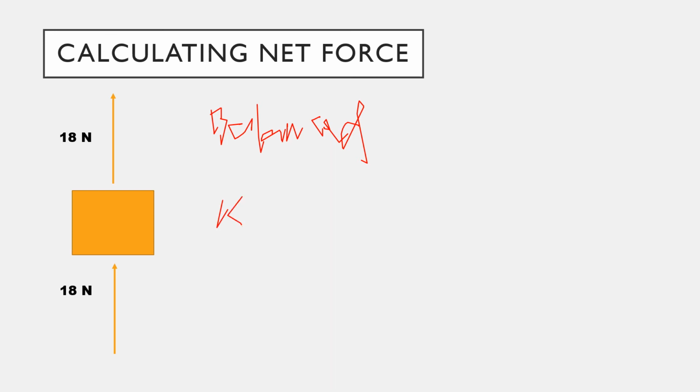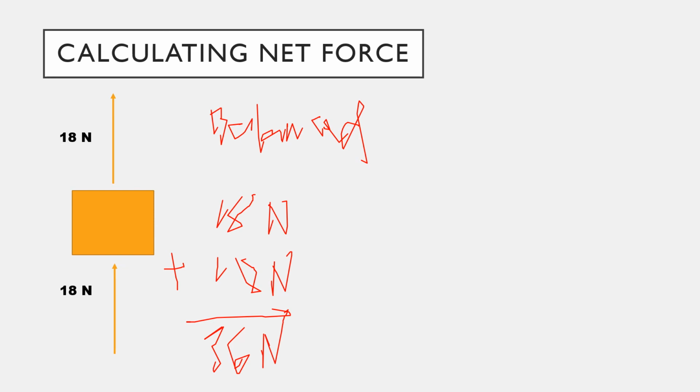If they are in the same direction, do you add or subtract? Add. So 18 Newton plus 18 Newton is equivalent to 36 Newton. Therefore, your net force is equivalent to 36 Newton.